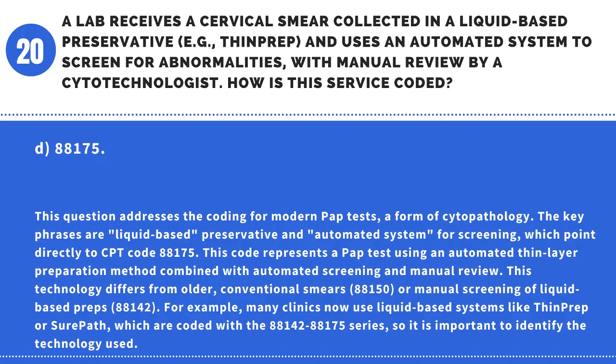This technology differs from older, conventional smears, 88150, or manual screening of liquid-based preps, 88142. For example, many clinics now use liquid-based systems like ThinPrep or SurePath, which are coded with the 88142 to 88175 series, so it is important to identify the technology used.